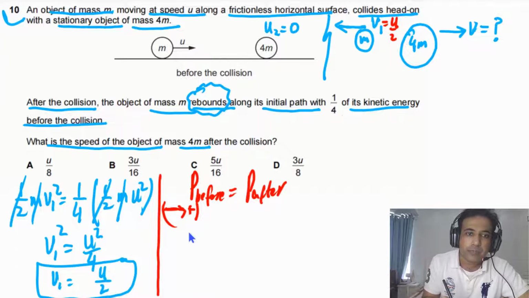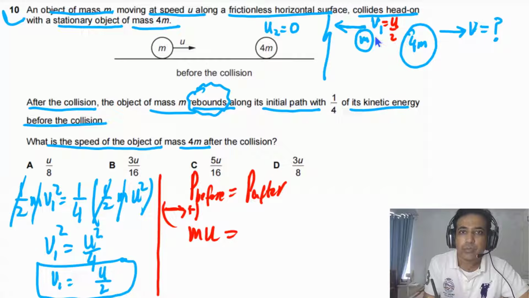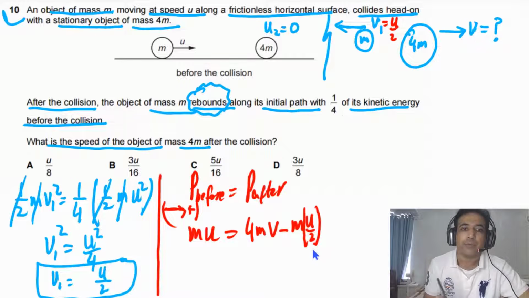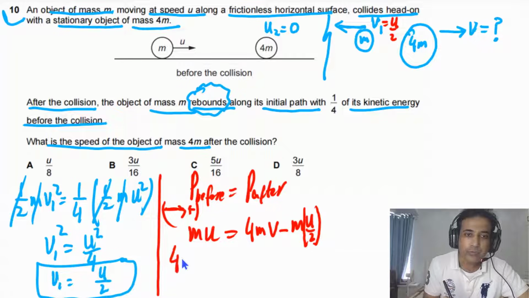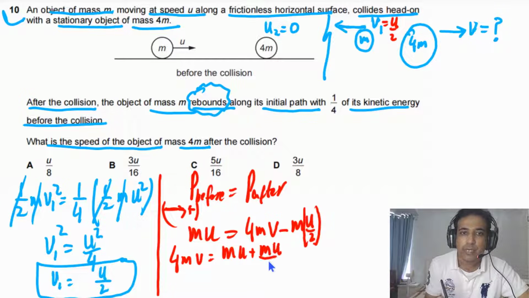The momentum of this one is mu, the momentum of this one is equal to 0, and the momentum of this one we can say is 4mv, and the momentum of this one has to be negative because it is moving to the left, so we have mu by 2. We can rearrange and write 4mv will be equal to mu plus mu by 2.